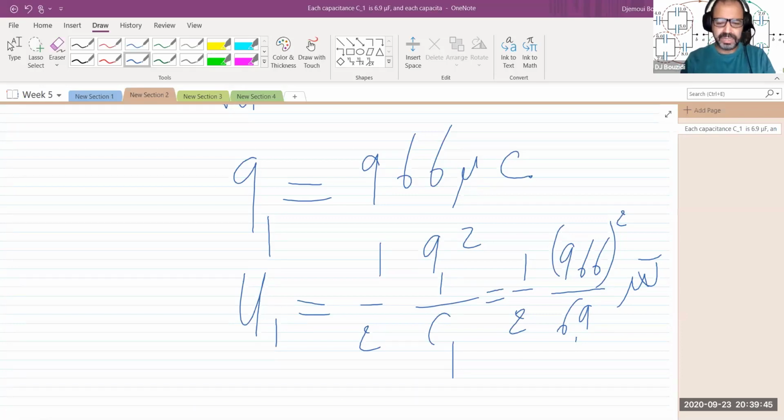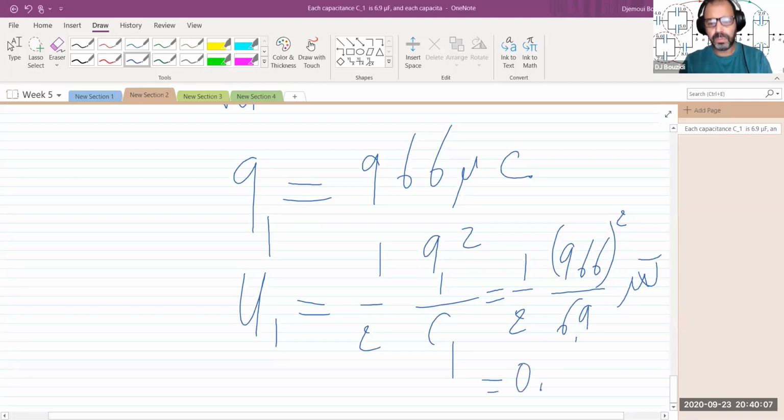So I have 966 squared divided by 2 times 6.9. The answer is 67,620 microjoules, or 0.067 joules actually.